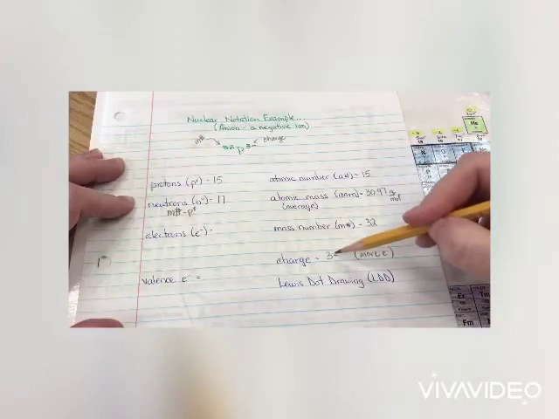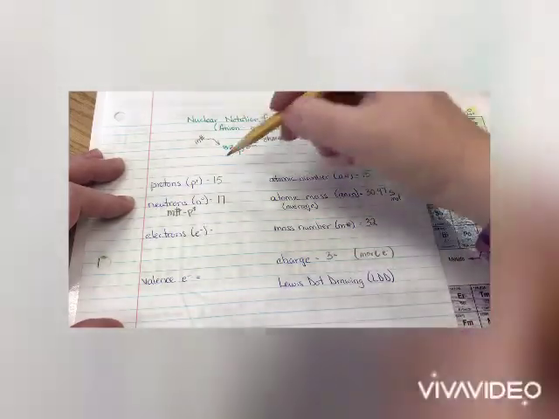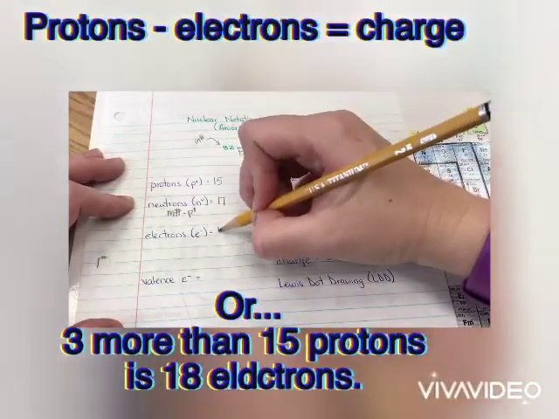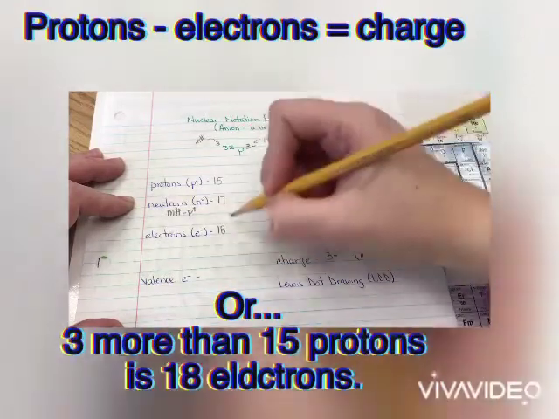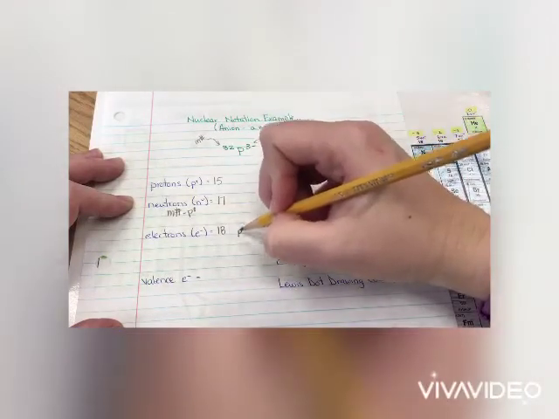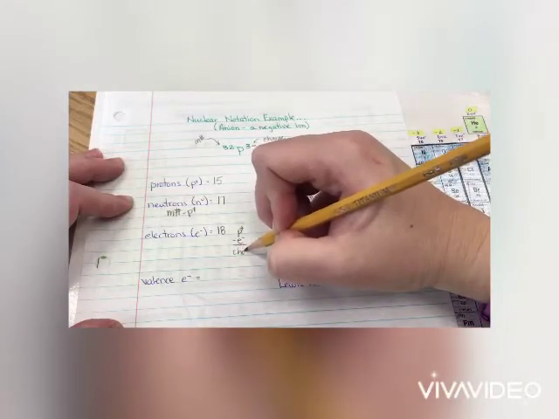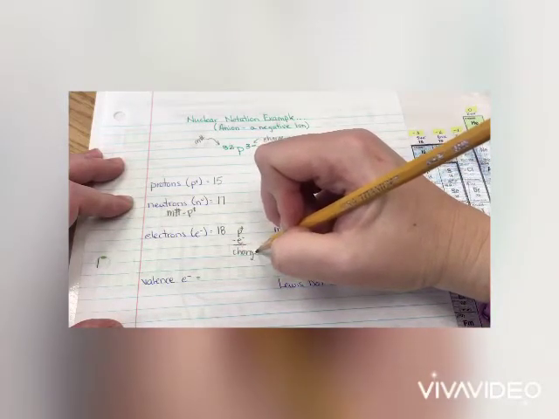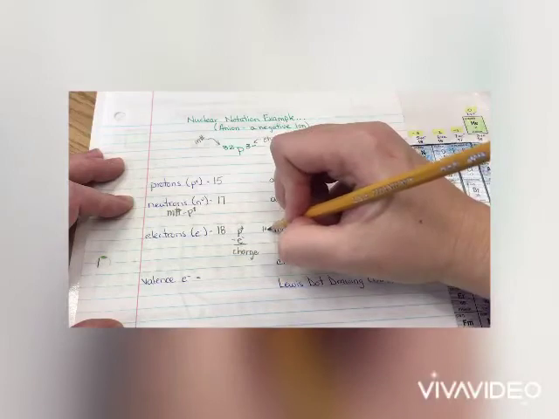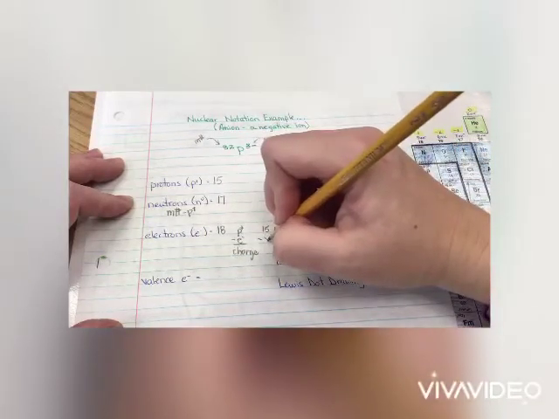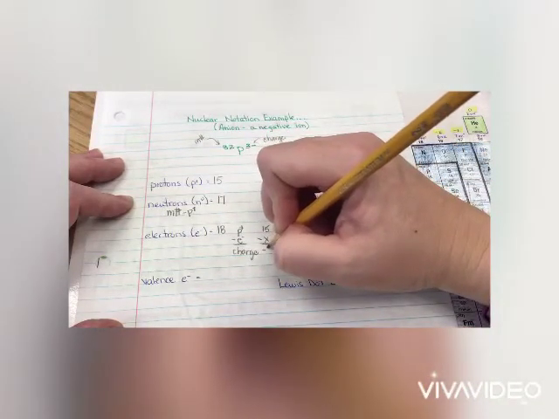Specifically, 3 more. So 3 more than 15 would be 18. Another way to find it is your proton minus your electron will give you that charge. So we can put 15 minus x is negative 3.